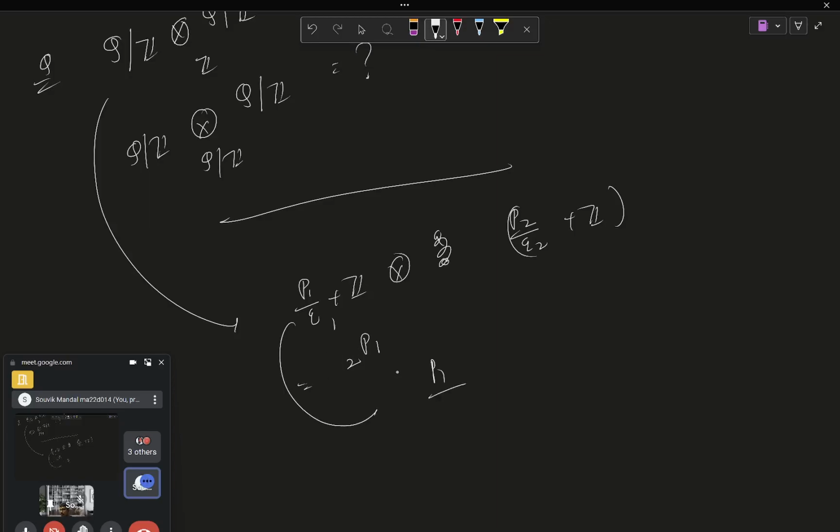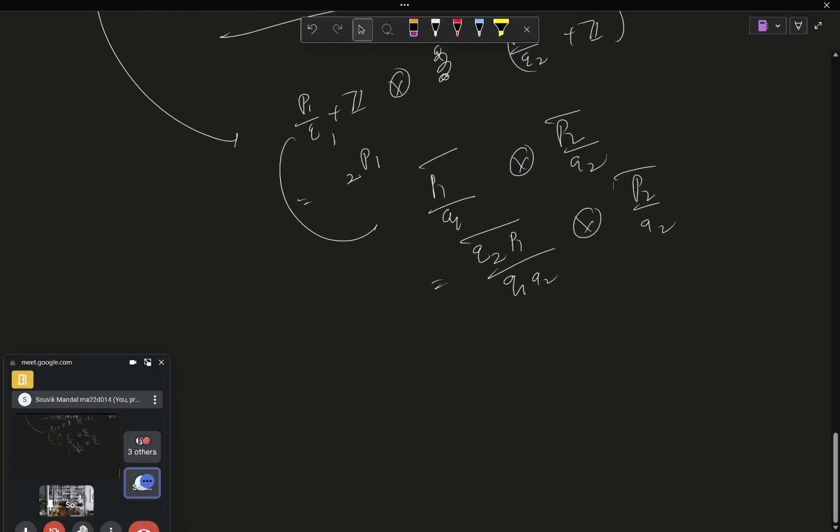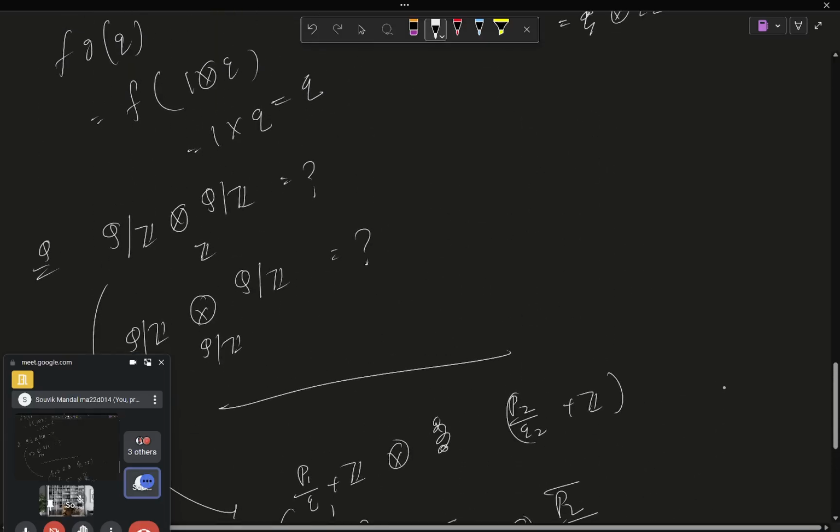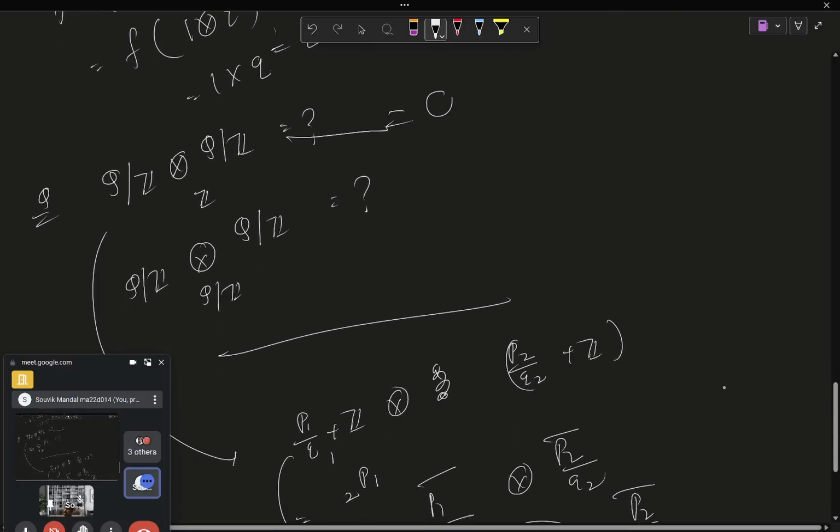So p1 by q1 bar tensor p2 by q2 bar is equal to q2 p1 by q1 q2 bar tensor p2 by q2 bar. Now, since q2 belongs to Z, you can move it to the right side: p1 by q1 q2 bar tensor p2 bar. But p2 bar is nothing but zero. So the whole tensor product is equal to 0. That's why this thing is fully equal to 0.